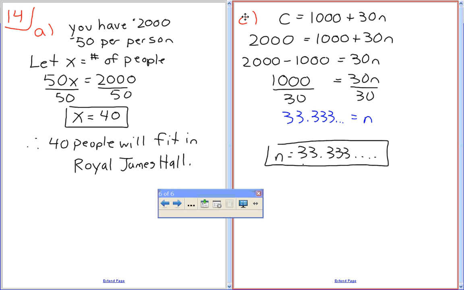Like that, they both mean the same thing, right? So if you solve it like this, that's still correct for an answer. That's still correct for an answer either way.